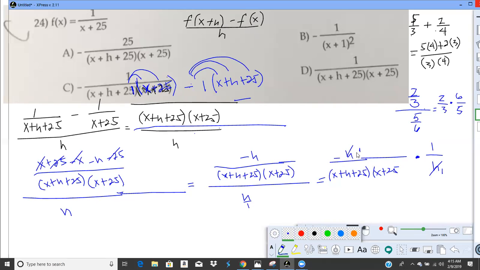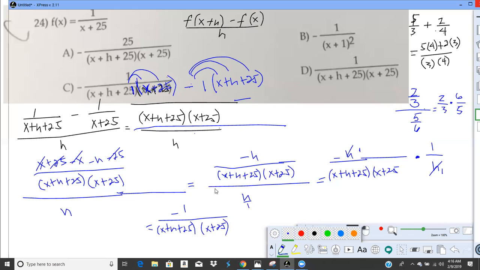Negative h divided by h gives negative 1, and h divided by h gives 1. So negative 1 times 1 is negative 1, all over x + h + 25 times x + 25. This is your final answer.